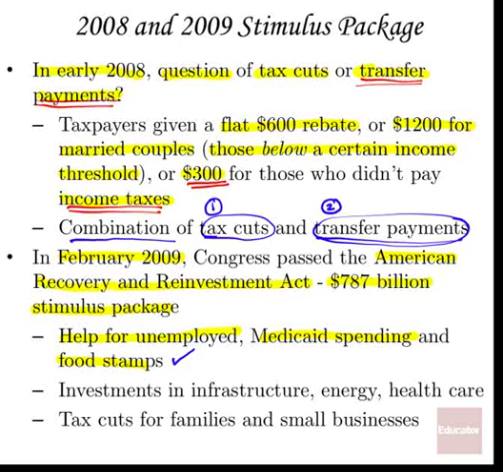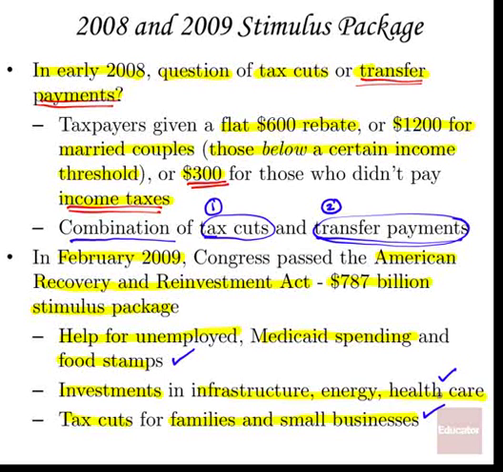There were investments in infrastructure, energy, and healthcare, and in addition to government spending, there were tax cuts for families and small businesses. One thing you can't really accuse the government of, as maybe during the Great Depression, is that there were a lot of measures taking place.